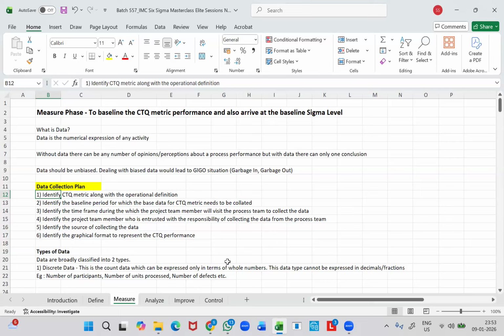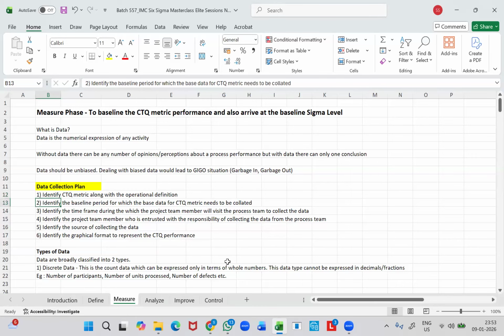So if the operational definition is also provided at the beginning itself, all concerned stakeholders will be able to clearly understand what is the calculation logic that will be adopted by the project team while calculating this CTQ metric performance. So as I told you yesterday, if it is a time related metric, whether the calculation will be done as per the cycle time logic or as per the lead time logic, right?